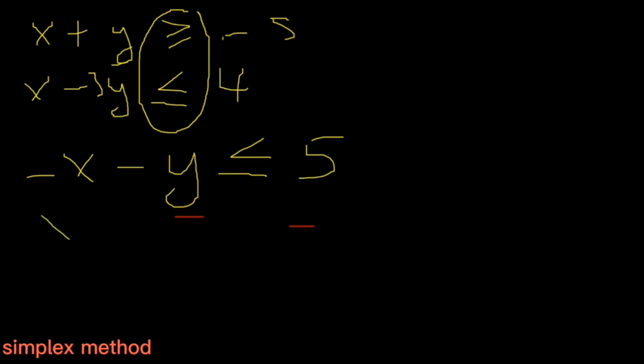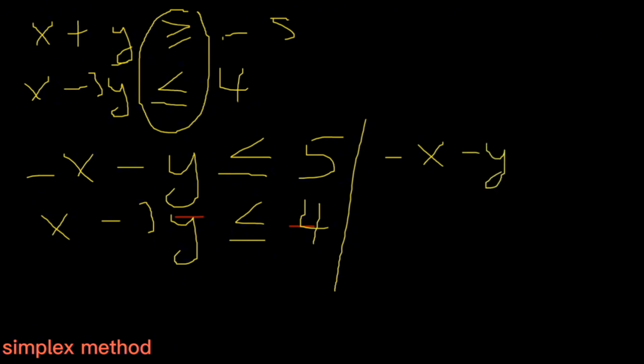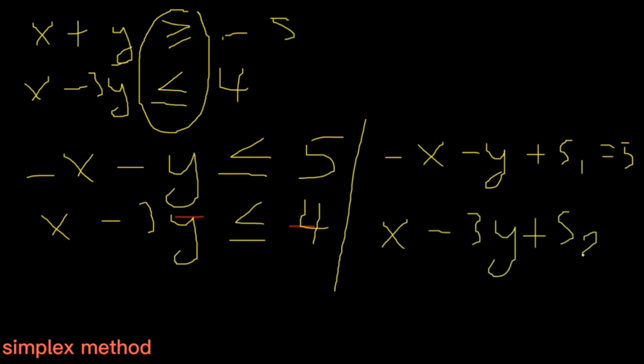And x minus 3y less than or equals to 4. I'm going to add the slack variable here. That is minus x minus y plus s1 equals to 5, x minus 3y plus s2 equals to 4. Okay, that is what you're going to have here. Hope you understand this part.